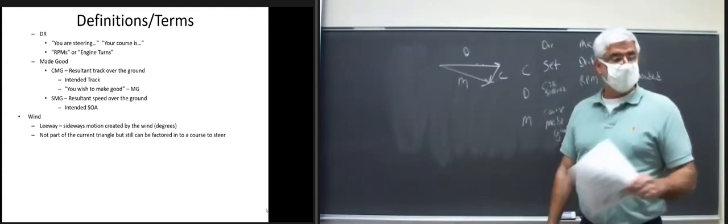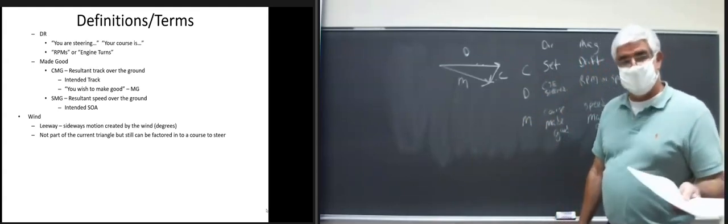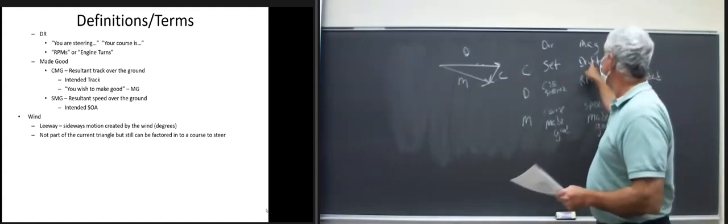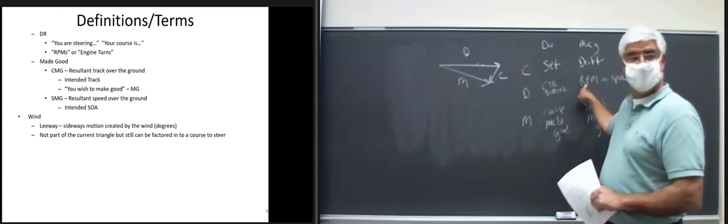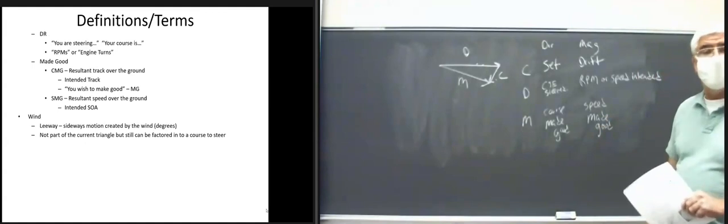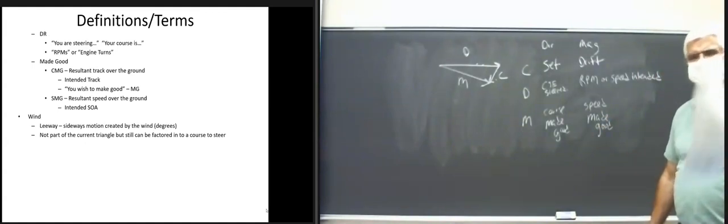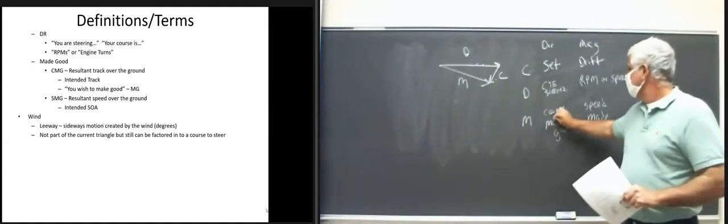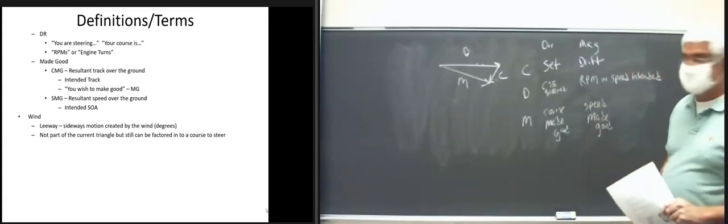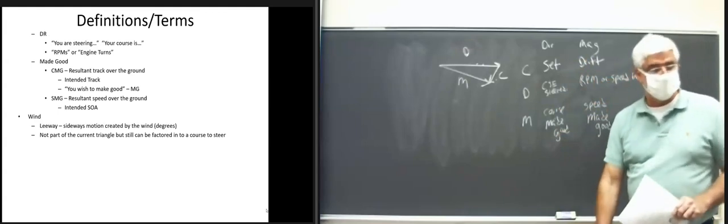If they say your RPMs, or engine turns, that's the speed of the DR line. If they say you wish to make good, anytime you see make good, that's the made good line. And obviously anything about the set and drift, that's the current line.